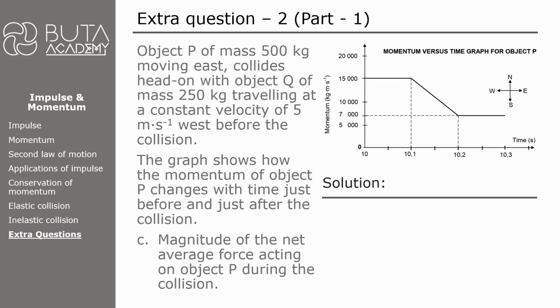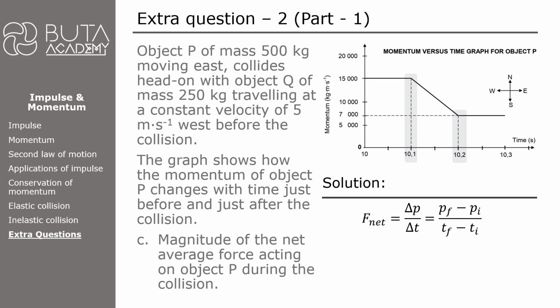The second law of motion states that the net force exerted on an object is equal to the rate of change of momentum. Delta is the final value minus the initial value of any quantity. Therefore, the equation can be expressed as final momentum minus starting momentum over final time minus initial time.